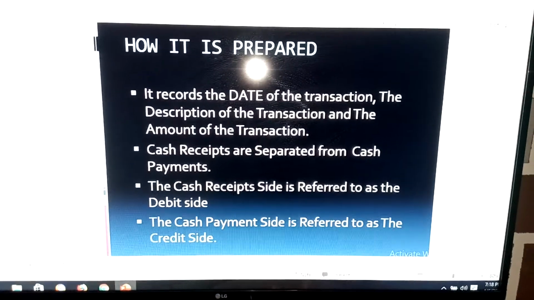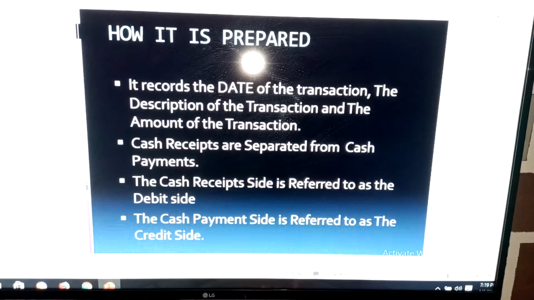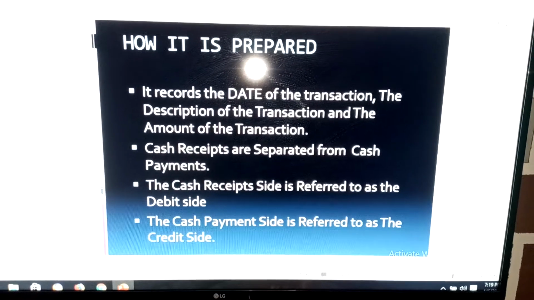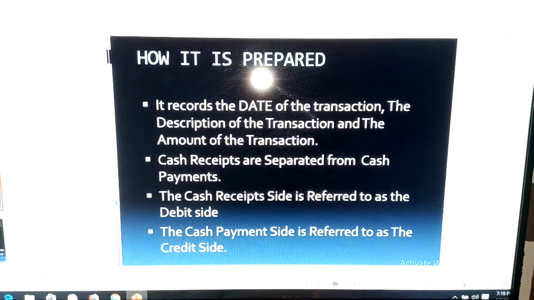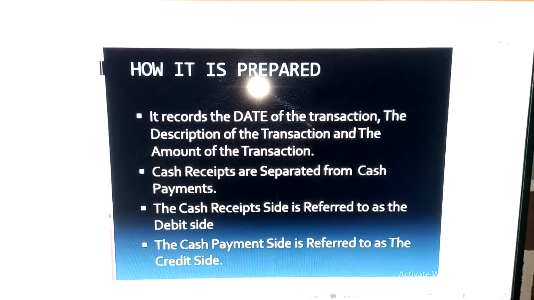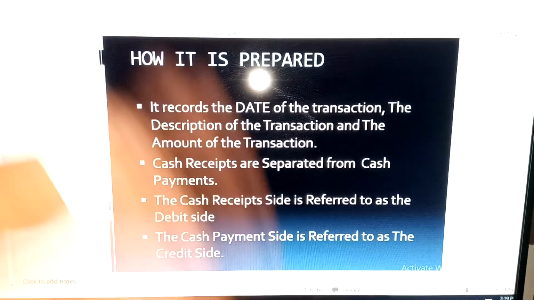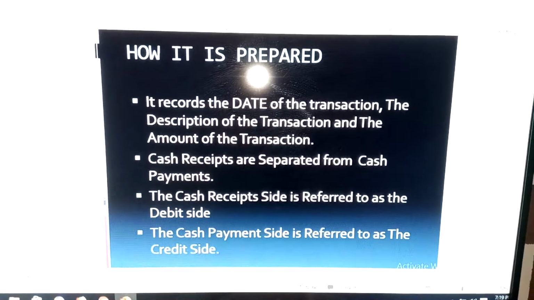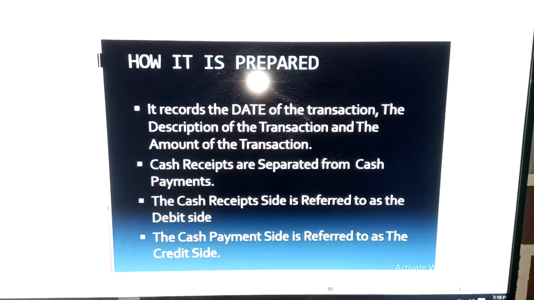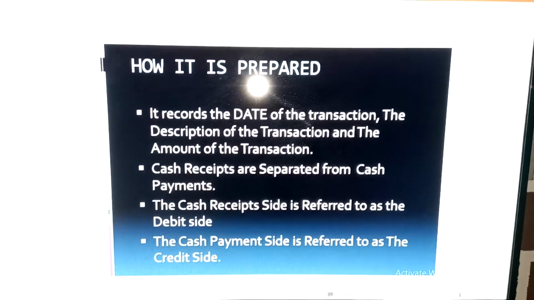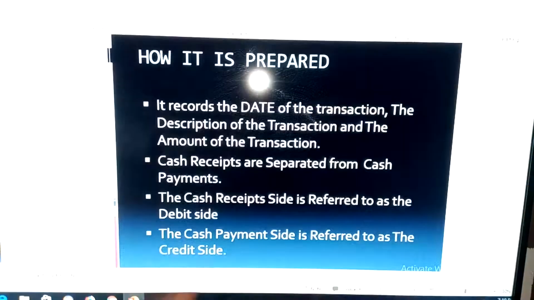The receipt side is usually the debit side, while the payment side is usually the credit side. So really what we are trying to do is to record transactions in terms of cash receipts and in terms of cash payment. So when we interpret the transaction and it suggests cash receipts, it is recorded in the what? Receipt side or the debit side. If it suggests cash payment, it's recorded in the what? In the payment side or the credit side.